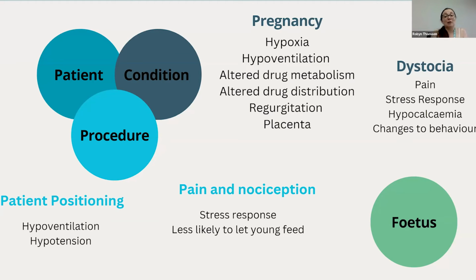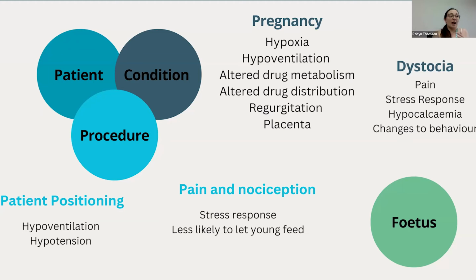They're potentially going to be laboring for quite a while, so they're going to be fatigued. They are going to have a stressed, high sympathetic drive. We could also have hypocalcemia present. And as I said, they're in a very vulnerable place at this point in time, which is something we definitely have to think about.